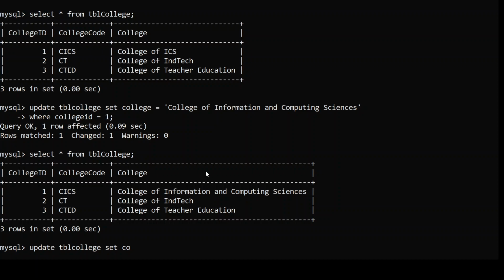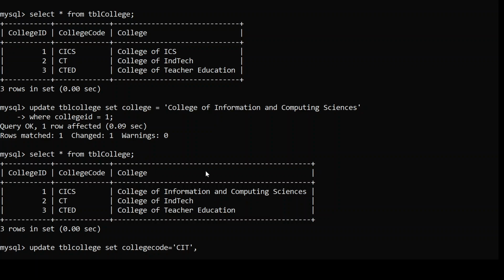College code, and then it should be CIT. So just use a comma if you want to update multiple columns in a single statement. We will update both college code and college, so we need to put a comma here.